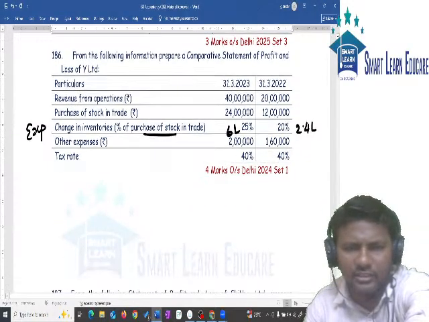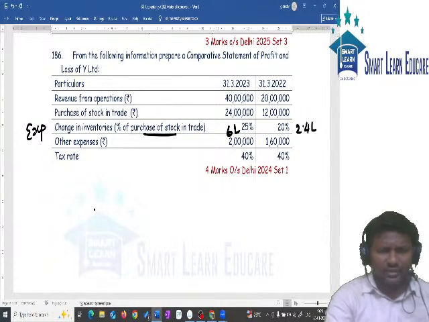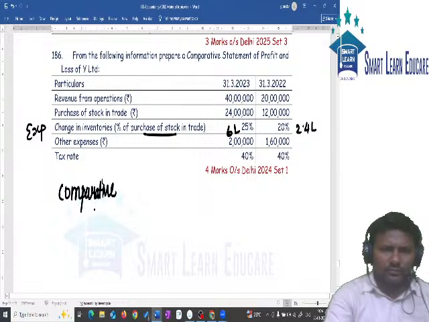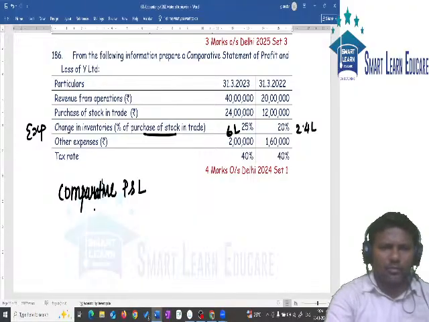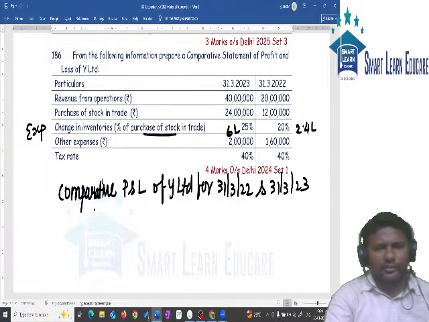We'll start solving this question. First, the heading: comparative profit and loss of Y Limited for 31st March 2022 and 31st March 2023.